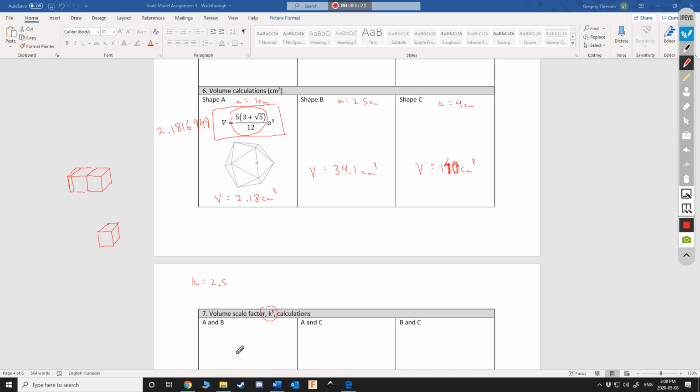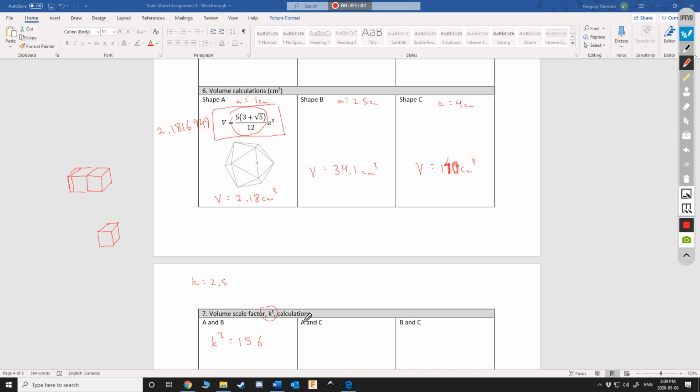We have to actually cube that value. So k cubed, if we do 2.5 to the power of 3, tells us that the next shape, this other object, is going to have about 15.6 times greater volume than our original smallest object.